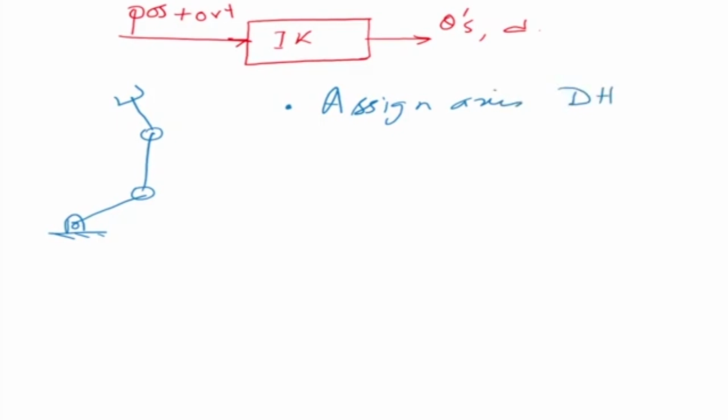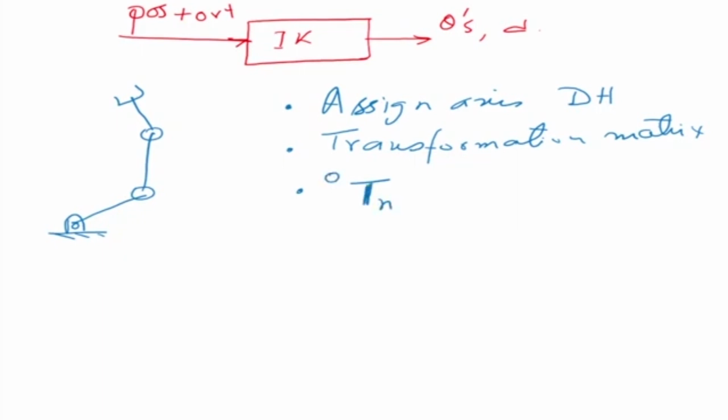That means the axis of rotation, and the x-axis is the shortest distance between the z-axes. Then we make our transformation matrices, which relate one axis to the other axis. Then we multiply them out and find the total transformation from the 0 frame to the nth frame.